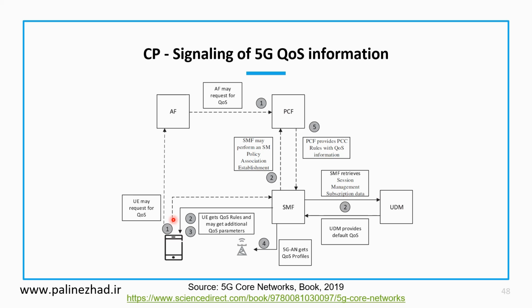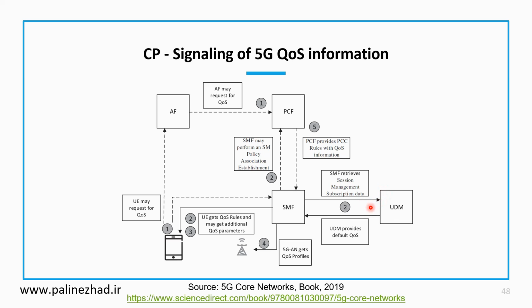Then at step 2, here we have one number 2 here, which is bidirectional, and one number 2 here. During this step 2, at first let's see what happens in UDM. We have the session AMBR parameter stored in UDM.